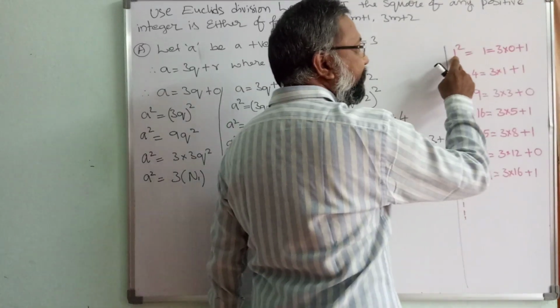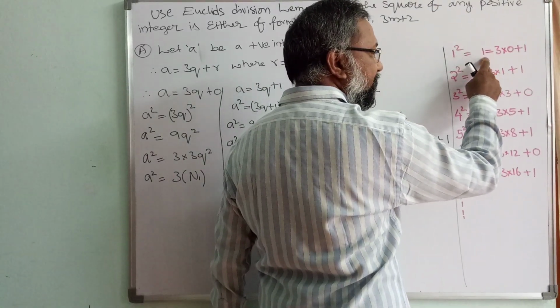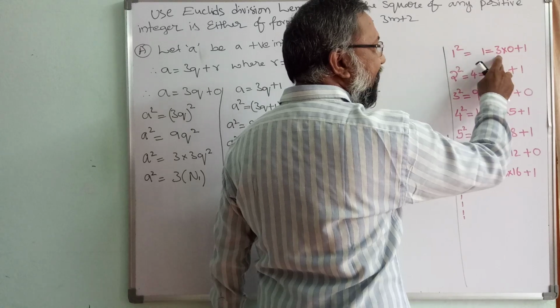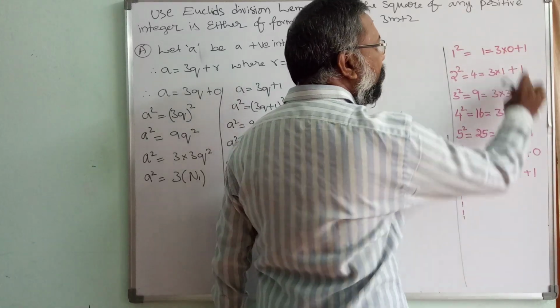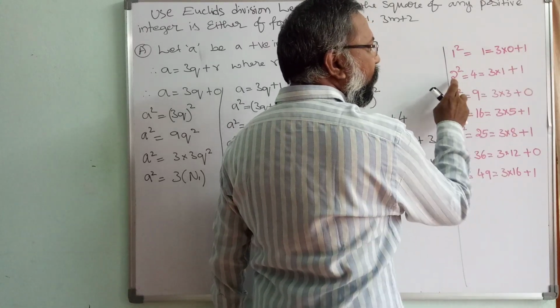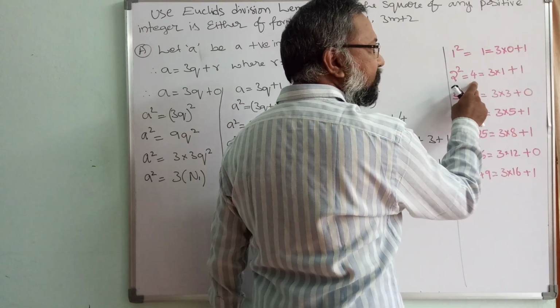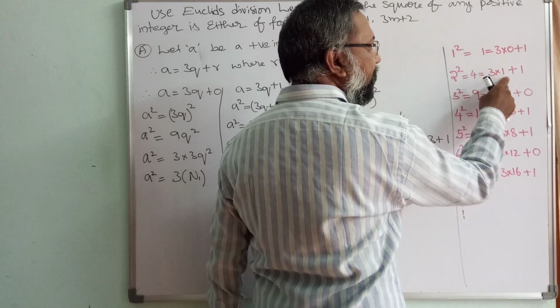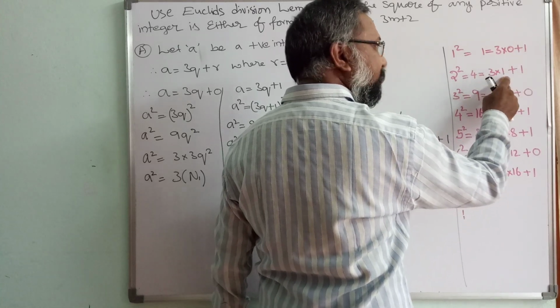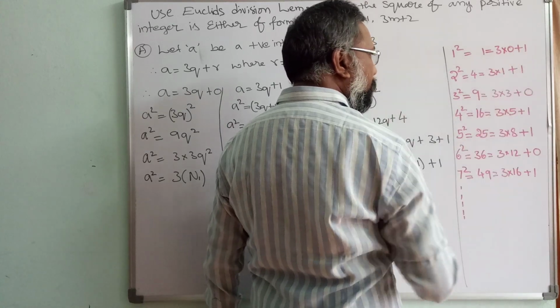The square of 1 is 1, which can be written as 3 times 0, which is 0, plus 1. 2 square is 4. 4 can be written as 3 into 1 plus 1. 3 ones are 3, plus 1, that is 4.